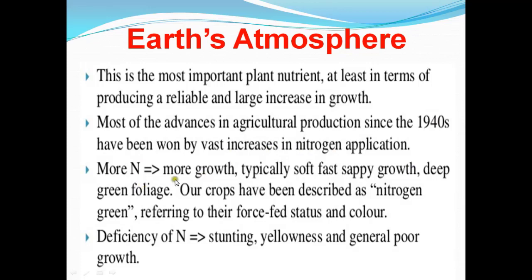The more the nitrogen, the more the growth: typically soft, fast, sappy growth and deep green foliage. Deficiency of nitrogen is called stunting, and shows as yellowness and general poor growth.